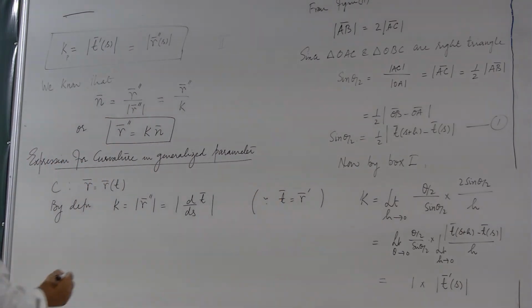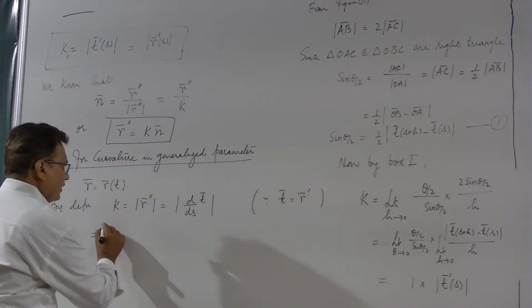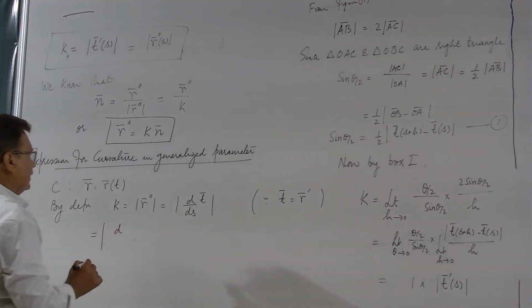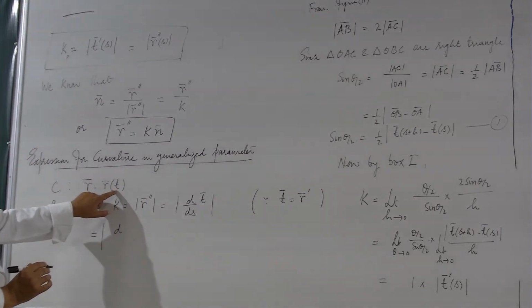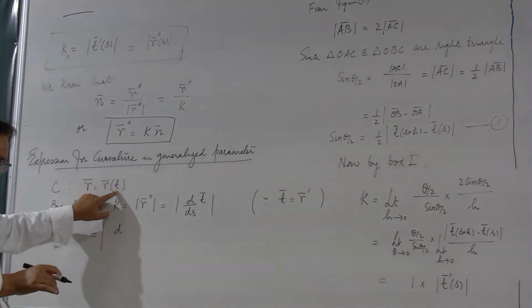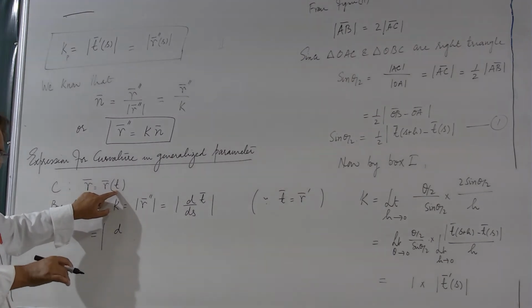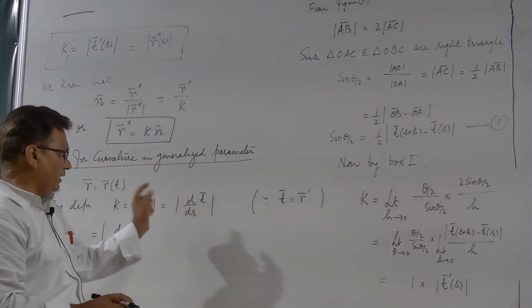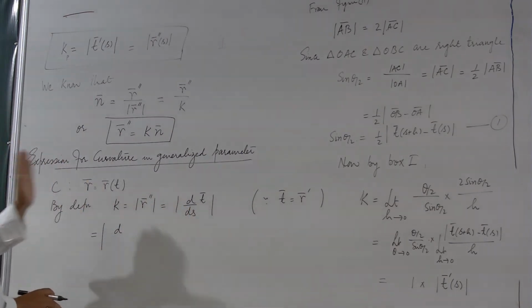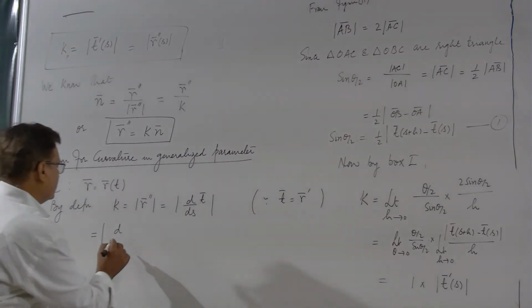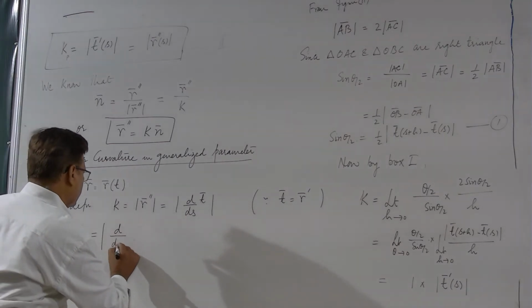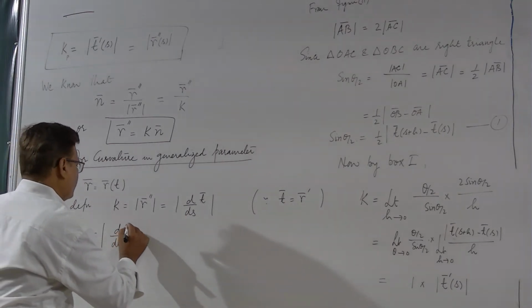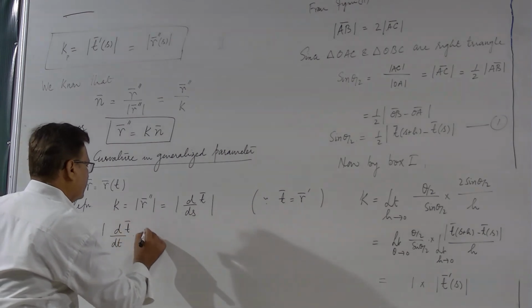Now, suppose my generalized parameter is t. We use t for the generalized parameter and t bar for the unit tangent, so there is no confusion. Whenever I take the unit tangent, I will put a bar; without a bar it means the generalized parameter. So, this I will write as d by dt of t bar into dt over ds.